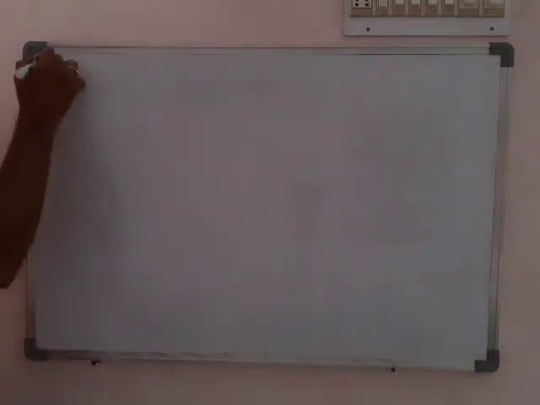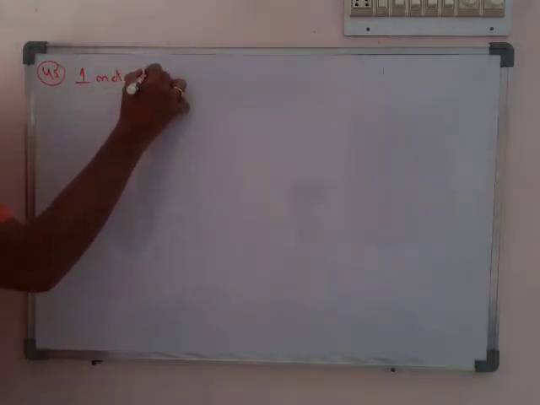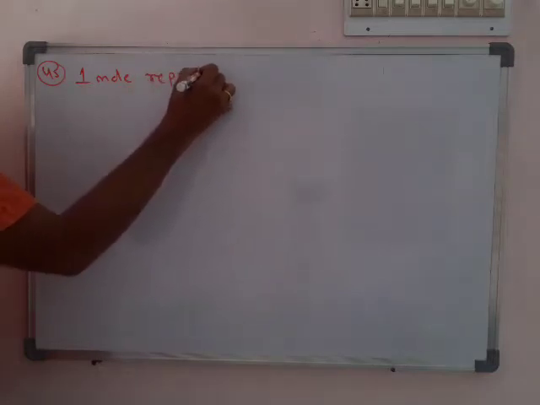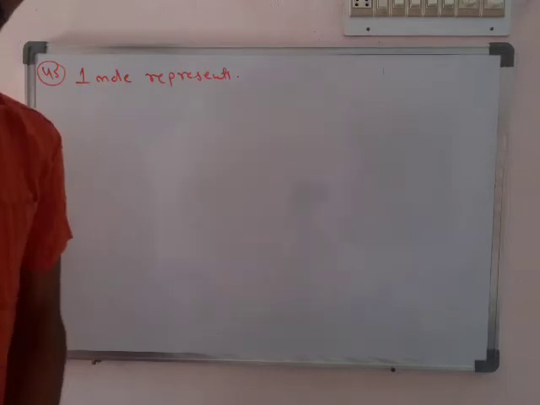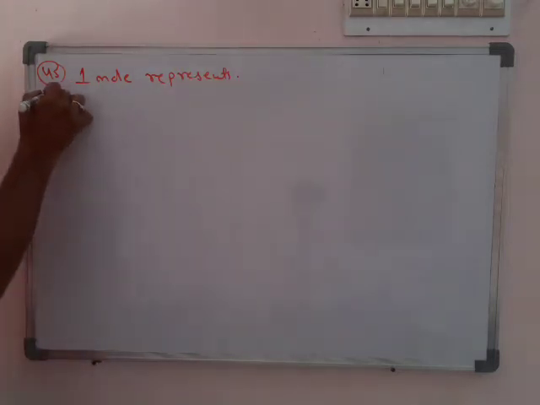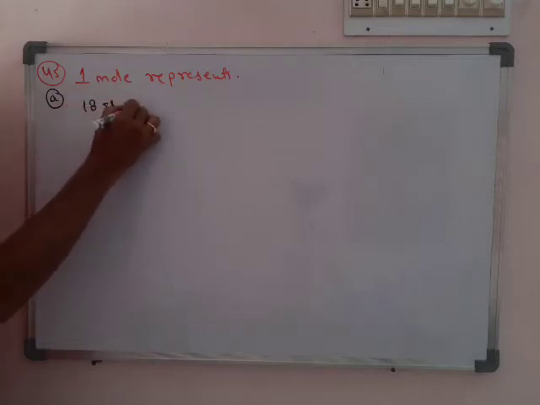See one more in the same mole concept 2, the question number 45. One more represents. Actually very easy, but only one option is somewhat different. So that is 18 gram water.